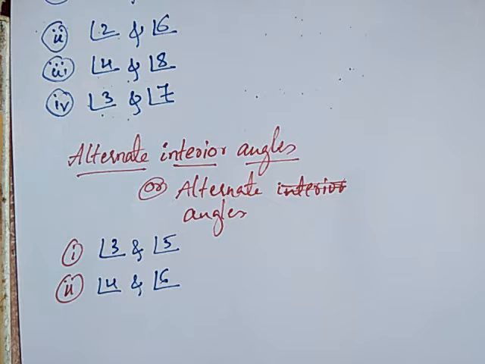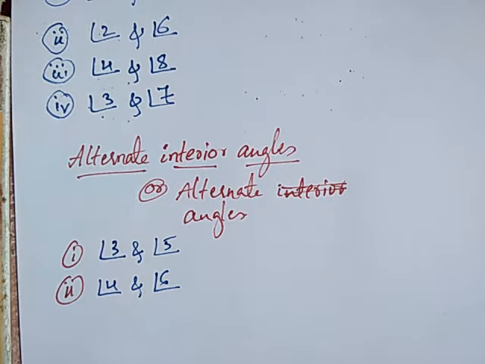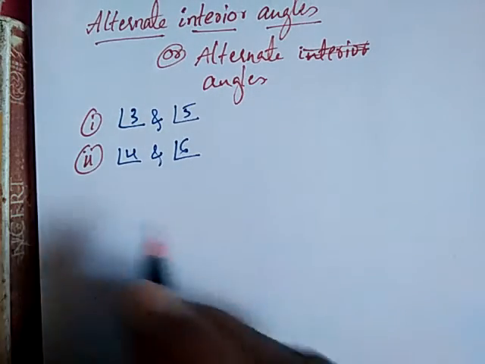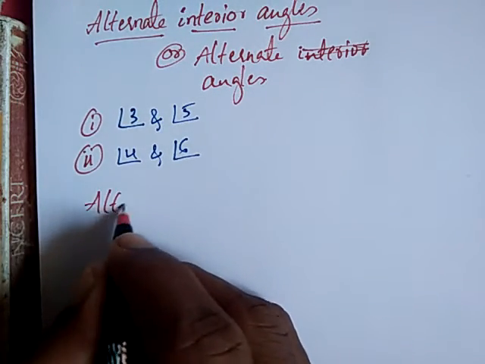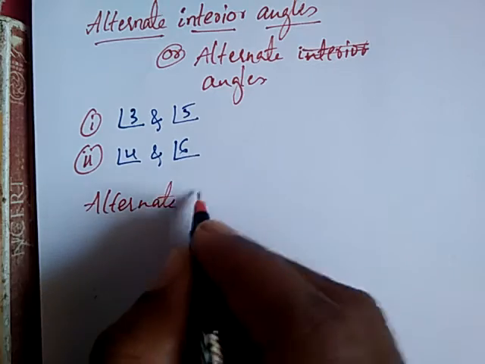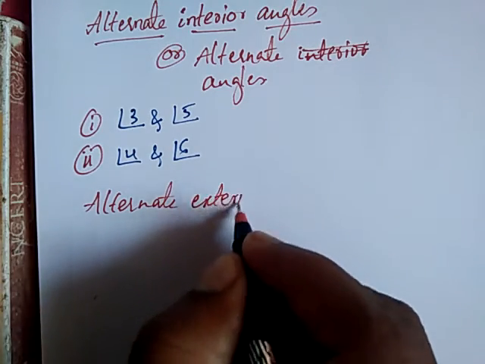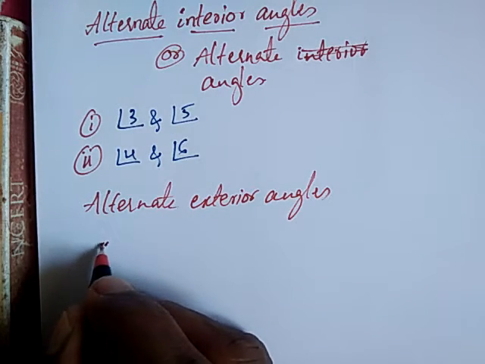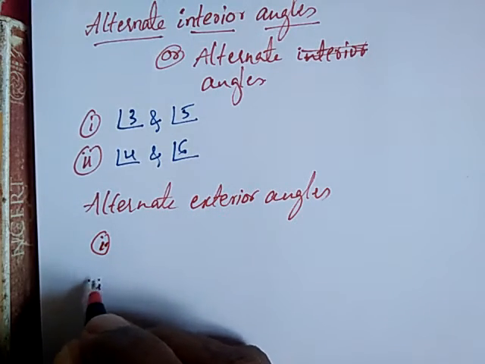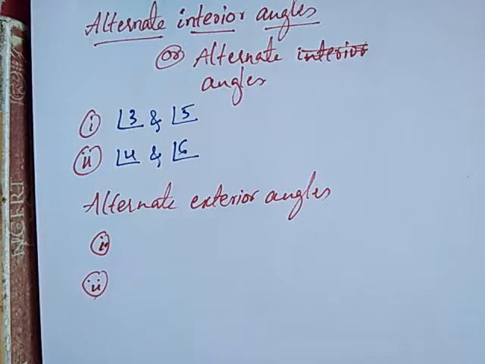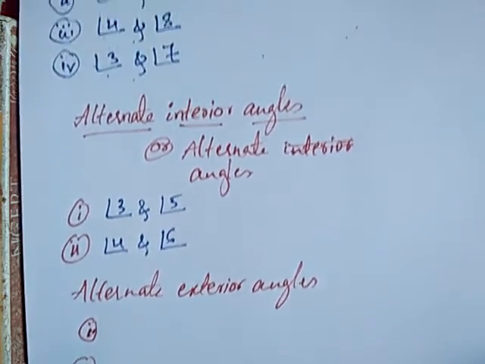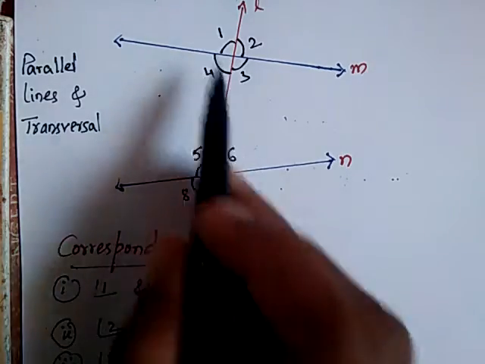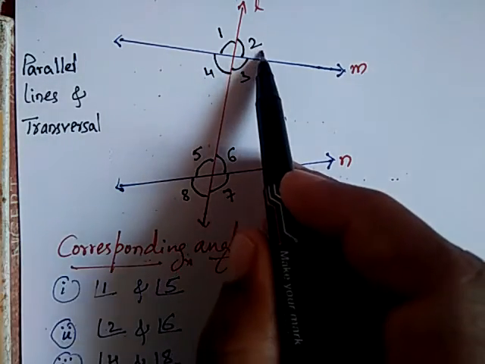Similarly we can go for the next, alternate exterior angles. Here also there are two pairs. Exterior means outside the lines: angle 1 and angle 7, angle 2 and angle 8.